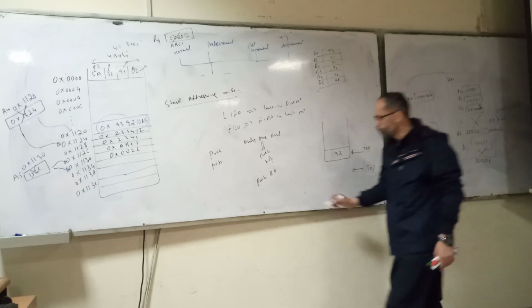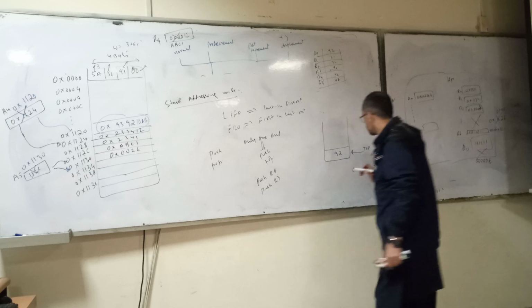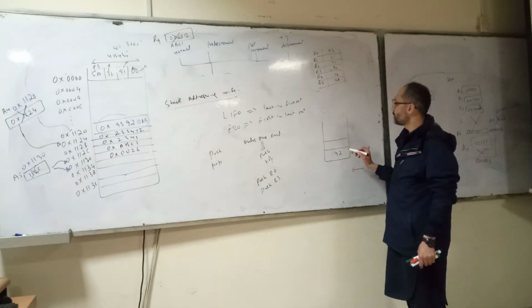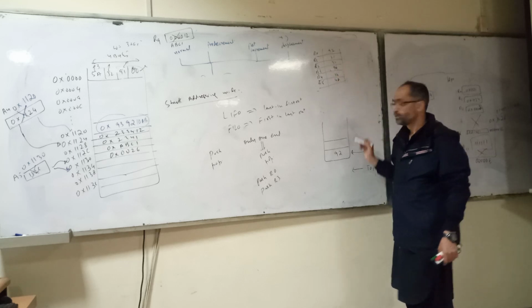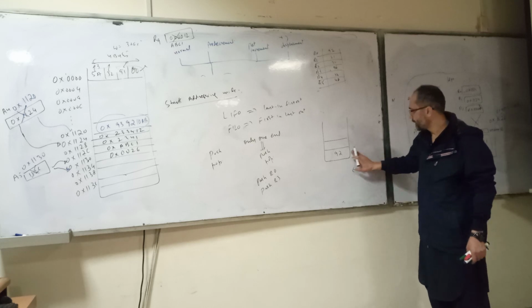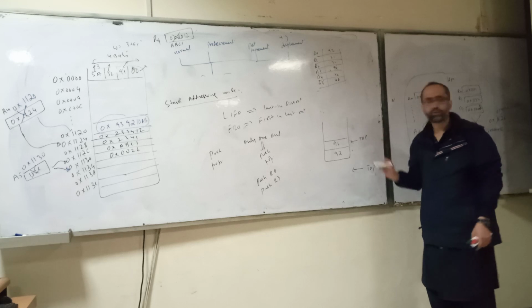When we again push R3, the next element will be added to the stack. Which value will be moved to the stack? 96, and then the top value will be updated.